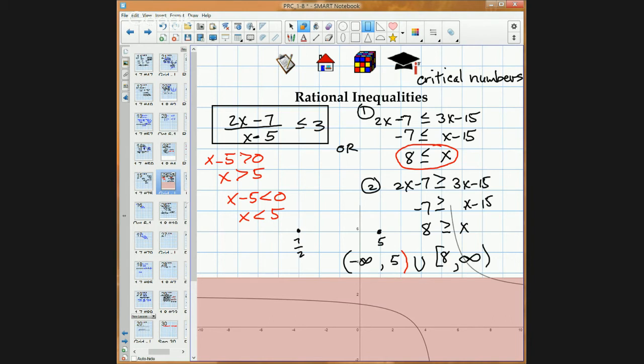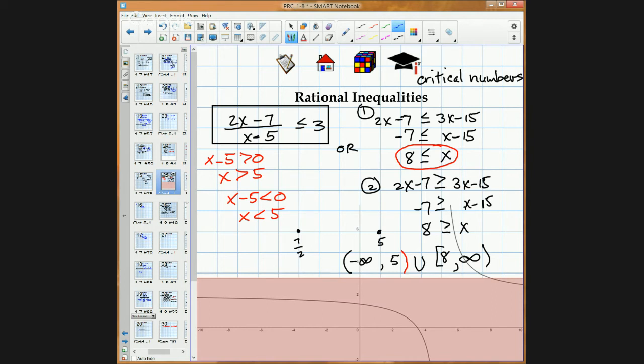So how do we solve this? Okay. Well, how would we get rid of the denominator x minus 5? Wouldn't you want to multiply both sides by x minus 5?